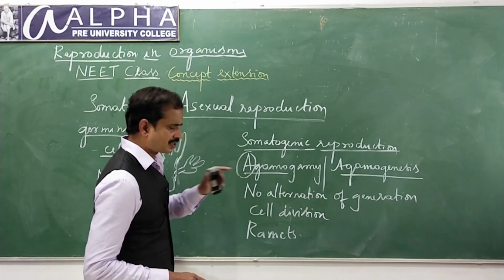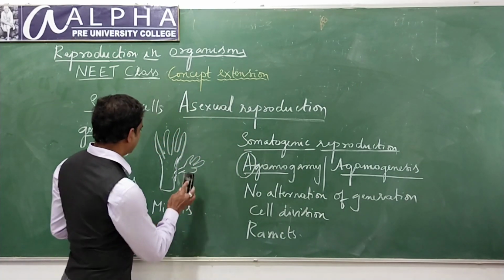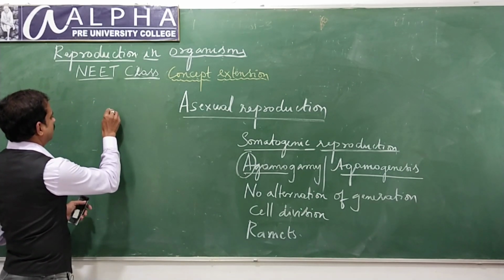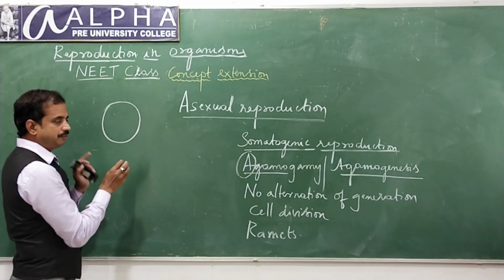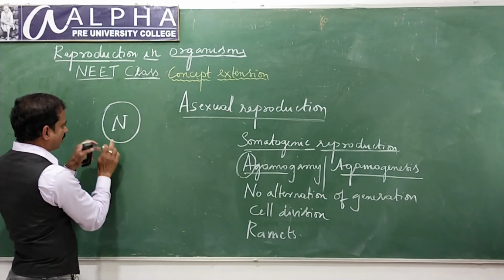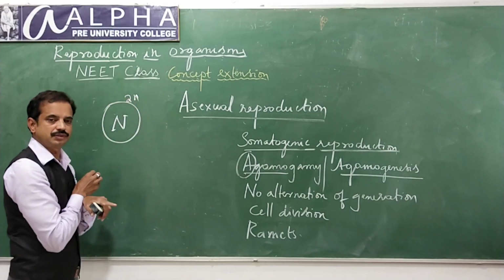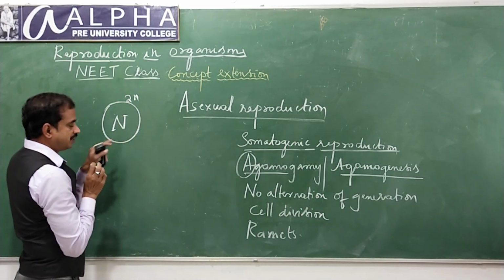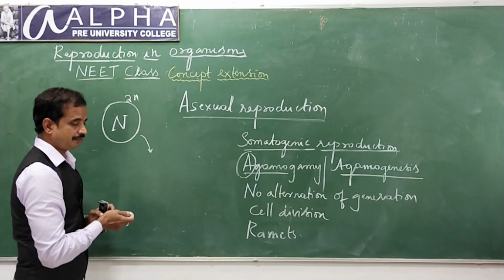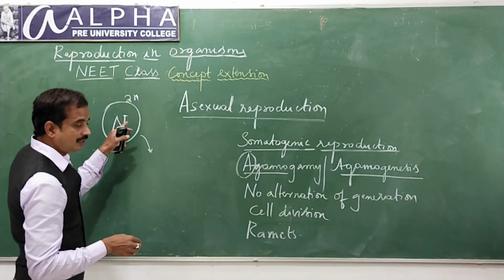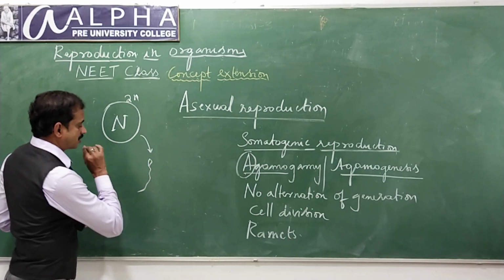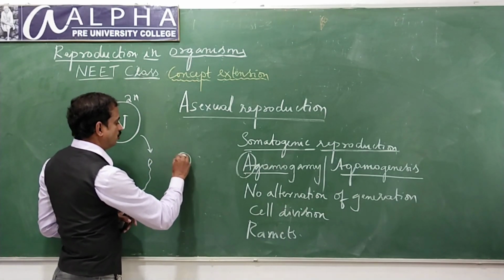Okay? And next, you see what happens during sexual reproduction. Consider this an animal, 2N. It has two sets of chromosomes in each and every cell of this animal. So this animal will multiply, it will grow, it will attain sexual maturity. At the time of reproduction, the germinal cells present in the body of the animal will undergo meiosis and produce the sperm or ova.